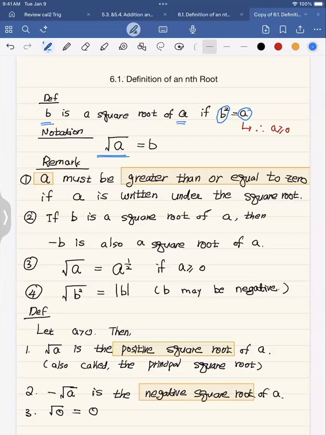If b squared equals a, that means a is a number obtained by squaring a real number. So it'll always be greater than or equal to 0. That also means when a is written under the square root, that number is always greater than or equal to 0.